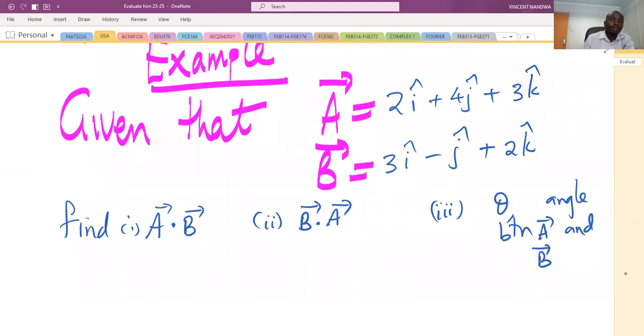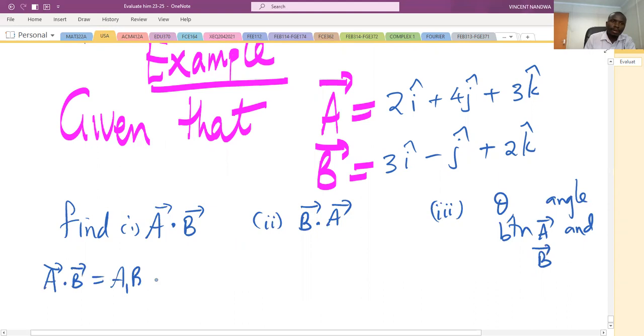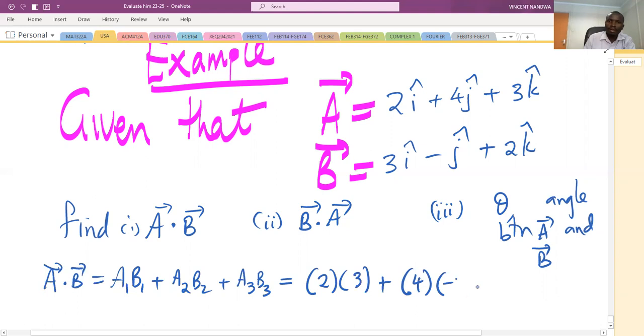So this will be easily done by the formula without the angle to get A dot B. So note that A dot B is given by A1 B1 plus A2 B2 plus A3 B3. So our A1 is 2, our B1 is 3, our A2 is 4, our B2 is -1, our A3 is 3, our B3 is 2.